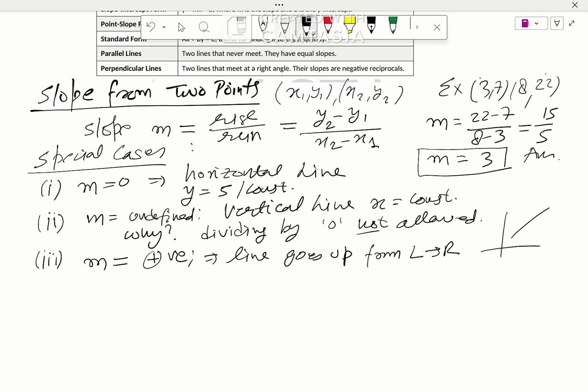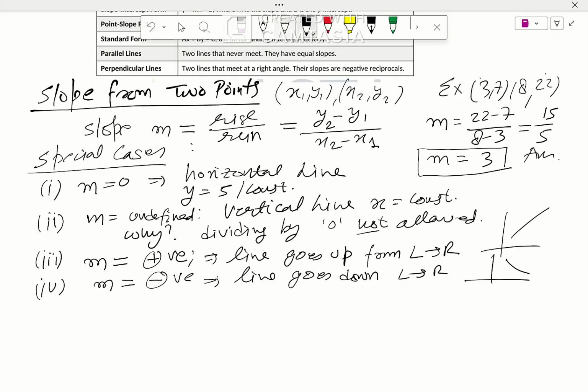Then you can have another case in which the slope is negative, meaning the line goes down as we go from left to right. If you have a line that goes down like this, its slope is negative. So these are some of the special cases of lines.